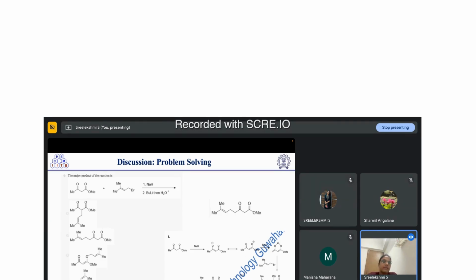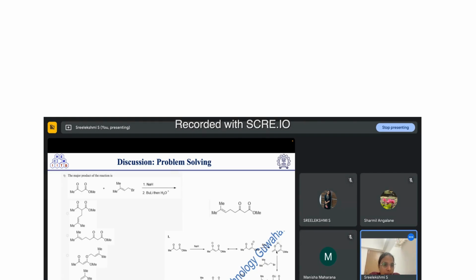Then, in the presence of butyl lithium, it will abstract a proton from this methyl group, which is also acidic. When the proton is abstracted from here, that bond will shift to here, and again this bond will shift to here. So that will result in this particular intermediate.